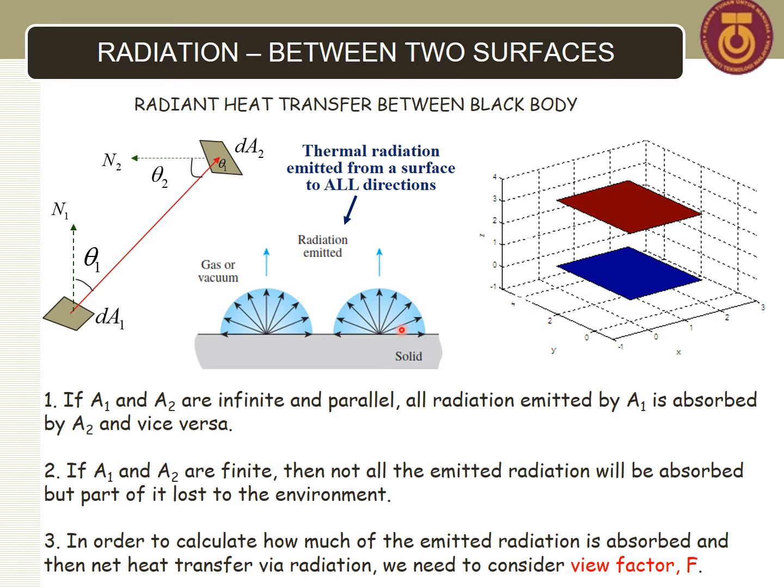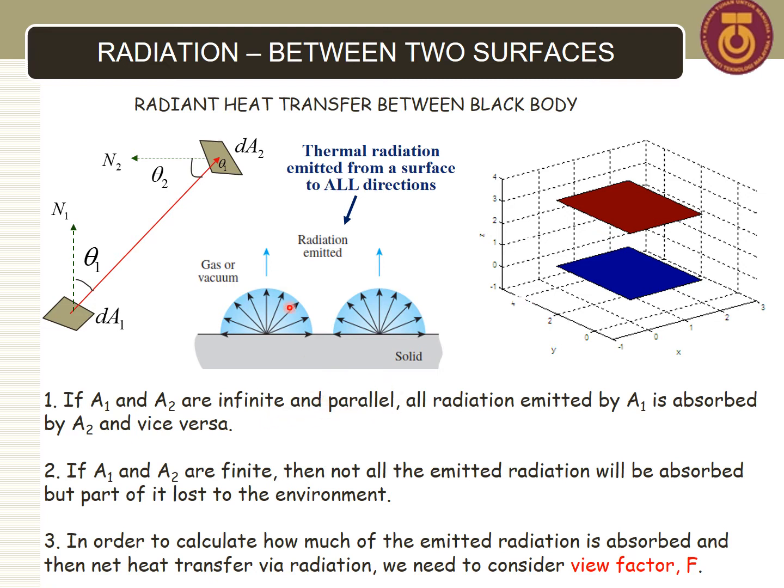Okay, there are several scenarios we can look into. Scenario number 1 is if A1 and A2 are infinite and parallel, meaning surface 1 and surface 2 are infinitely long, the surface area is also infinite, and they are parallel.